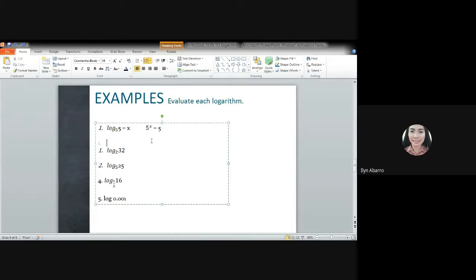Kaya, ang answer natin dito is, anong answer natin dyan? x is equal to 1. Okay? So, 1 yan kasi may 1 na nakalagay dito. And then, pwede na nating makancel yung bases kasi parehas naman yan. So, kaya ang answer ay x equals to 1. Okay, let us have number 2.